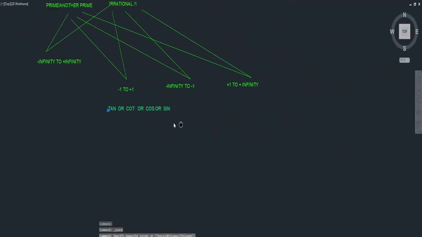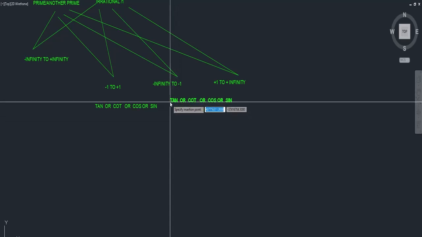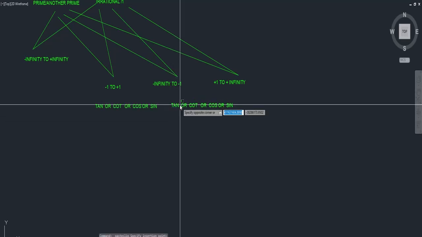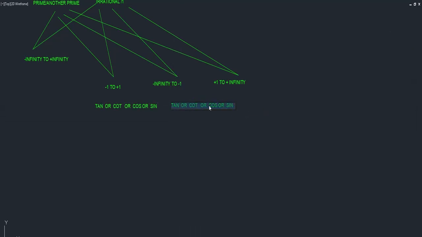If it is minus infinity to minus 1, then tan and cot are common, and we can see that it is either cosec animal or sec animal, which can consume it and generate minus infinity to plus infinity, which has the power to generate the infinity. Tan and cot can generate any number.